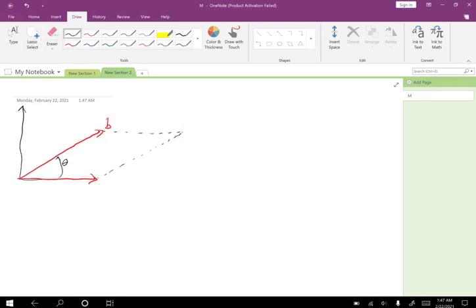In this case, the base is A, and the height will be B sine theta.